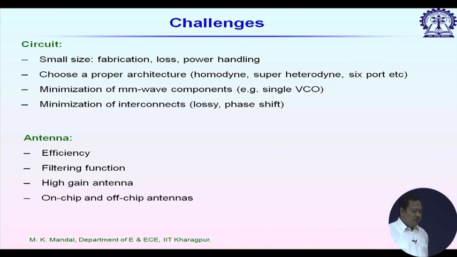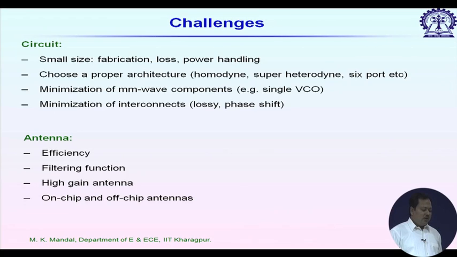So, not only that, if we go for on-chip antenna design, let us say we are designing the antenna on silicon. For silicon, the dielectric constant is very high, almost 12. So, if you just place one resonating element on silicon, instead of radiation in space, almost all of the power will be absorbed in silicon.